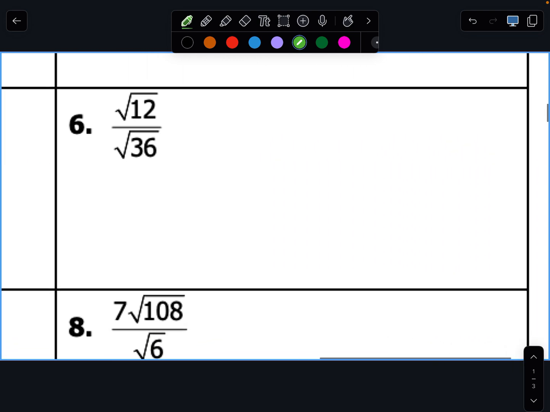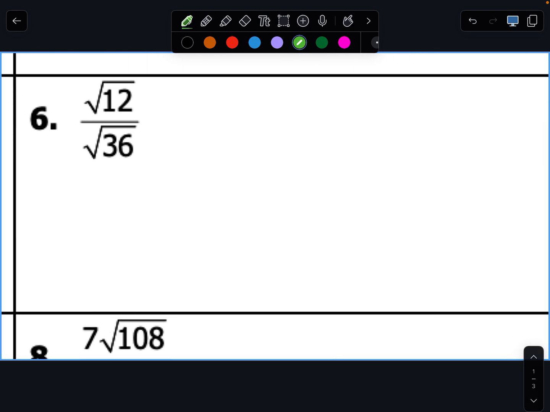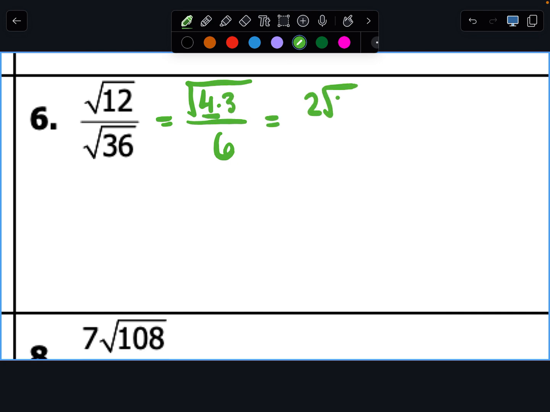Okay, number 6. This one's already split apart for us. Is there anything I can divide or anything I can square root? 36 goes to 6. Now 12, can I simplify that at all? Split apart into what? Now I can square root the 4 part, so I have 2 root 3 over 6.